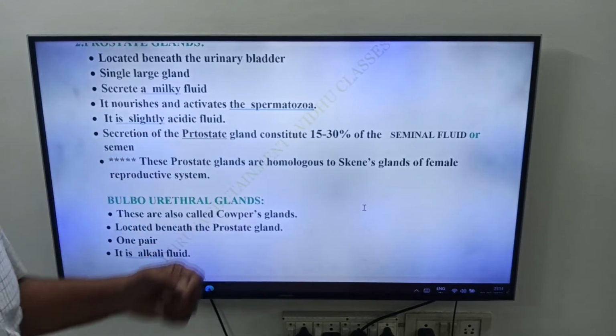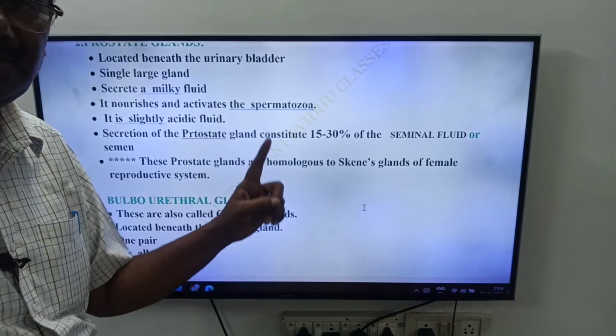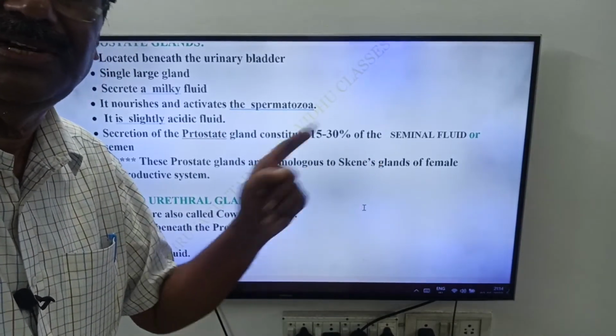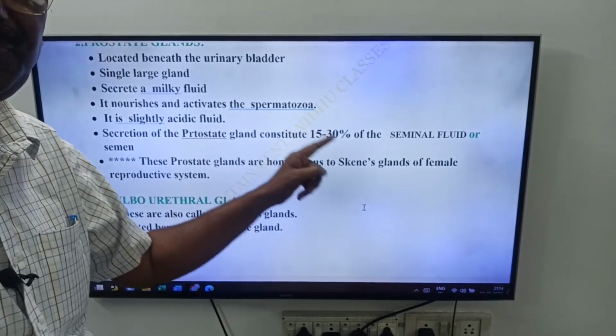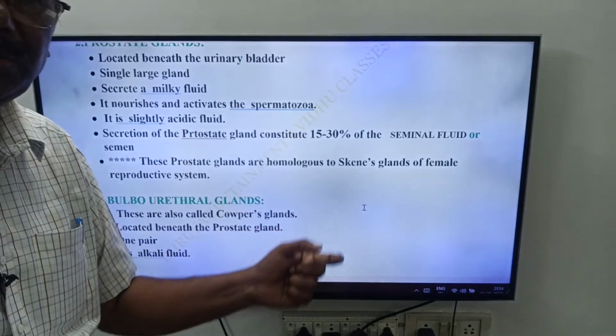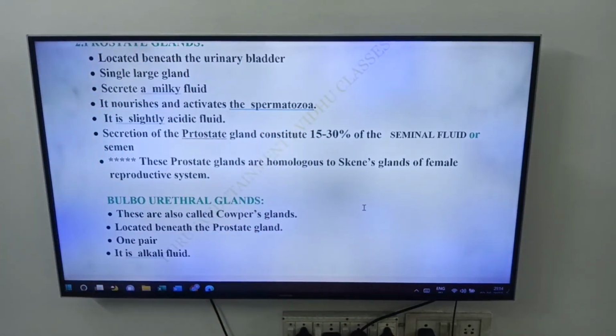The secretion of the prostate gland constitutes 15 to 30% of the seminal fluid or semen. Friends, the secretion of the seminal vesicle is 60%, but here it constitutes what, friends? 15 to 30%.